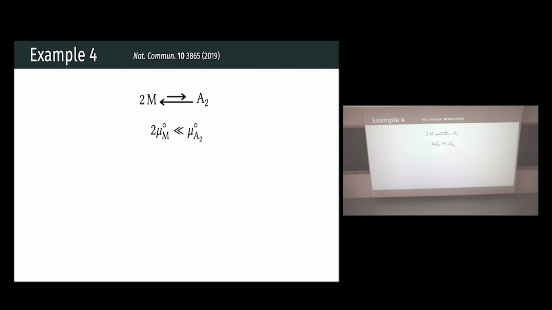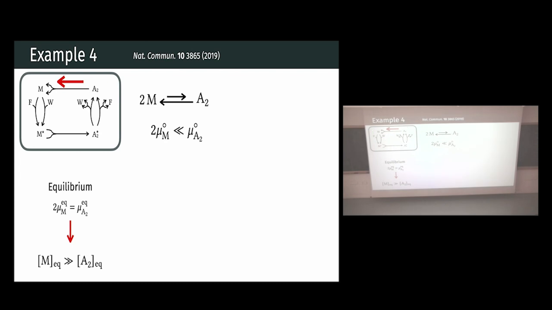So independently of the kind of pathway that brings you from the monomers to the assembled state, you can have a very complicated one, but sooner or later, if you are in a closed system, you'll get to an equilibrium where the concentration of the monomers is much higher than your target species. Okay, so you're very sad and you say, oh, I didn't do what I wanted to do. And with this constraint, there's no way around it unless you open the system.